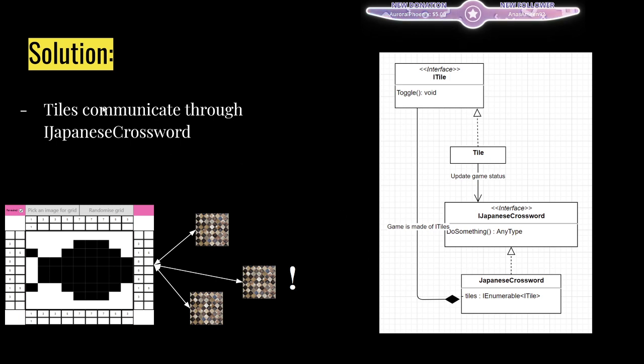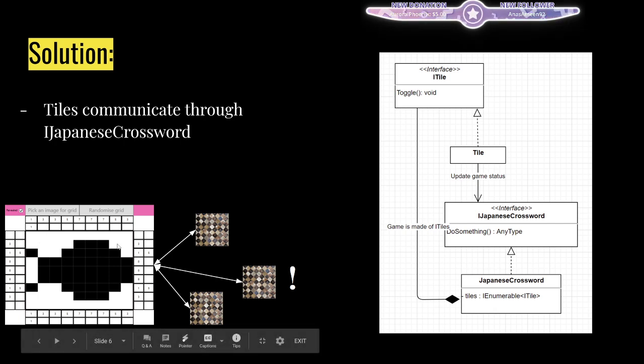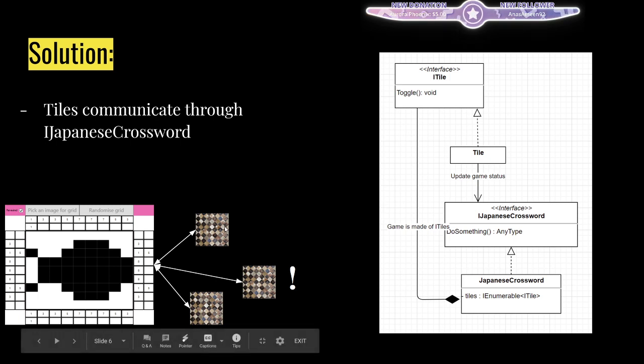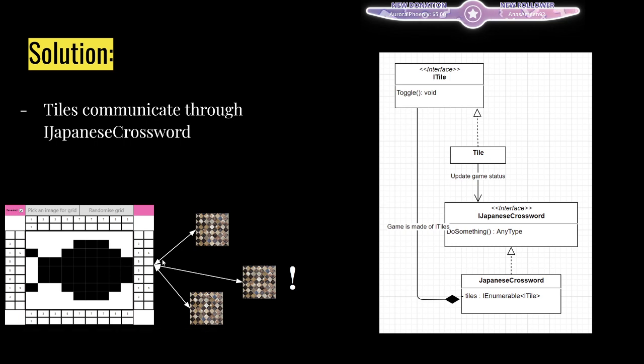So instead of each tile knowing about each other, now we have a game that knows about each tile. So instead of tiles calling tiles, we have tiles that call a game and a game that calls tiles. So that kind of communication. And in fact, the game itself doesn't call tiles. It kind of does.